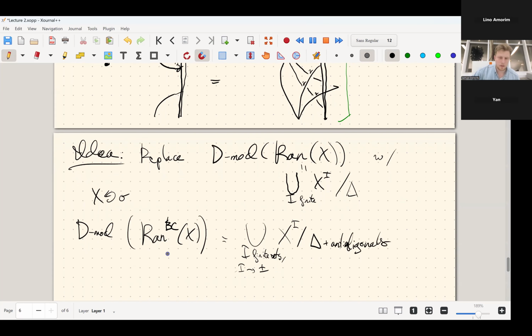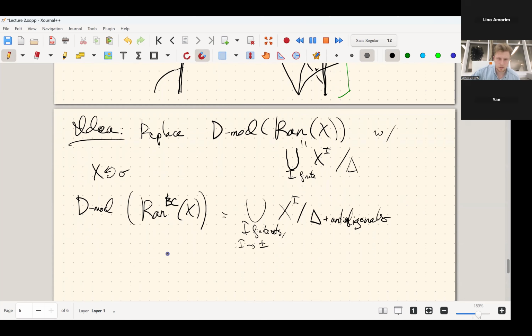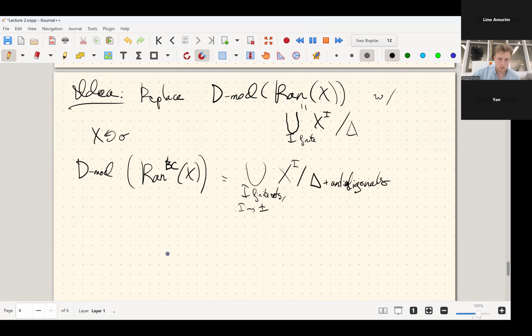So yeah, it's visible on the level of the Ran space, not on the level of the actual curve.